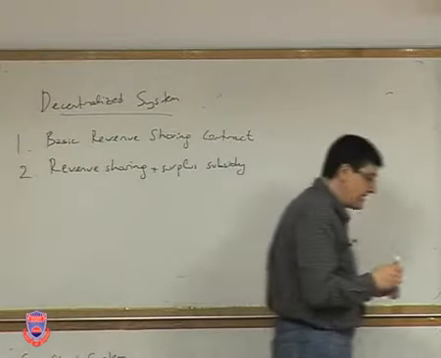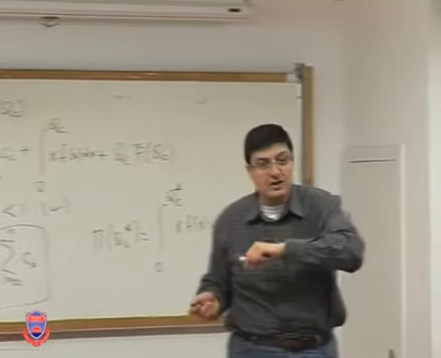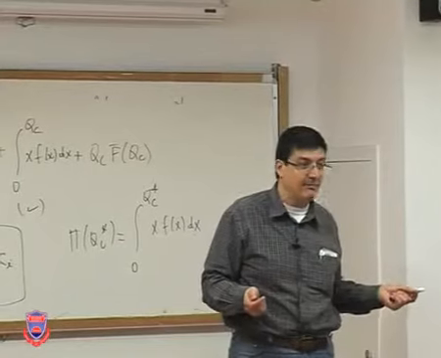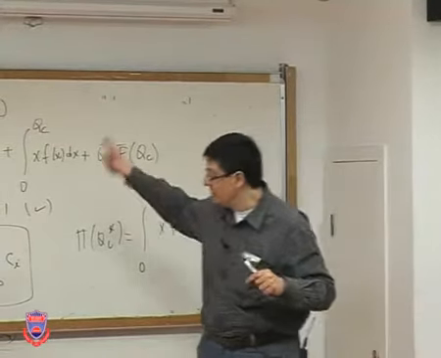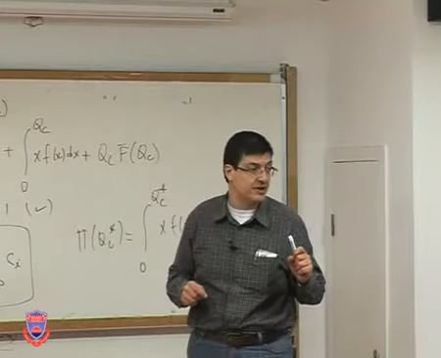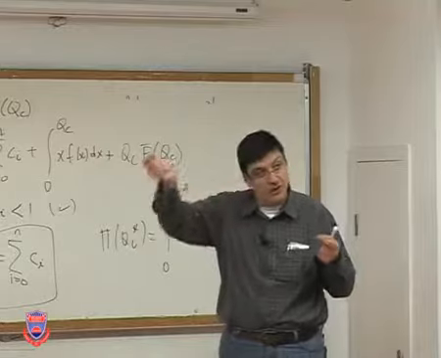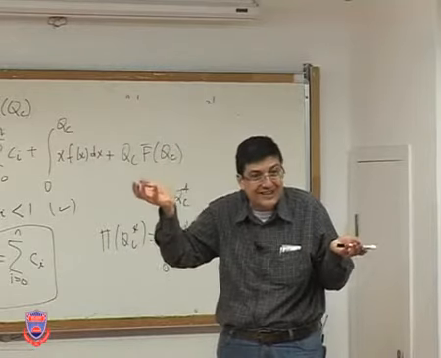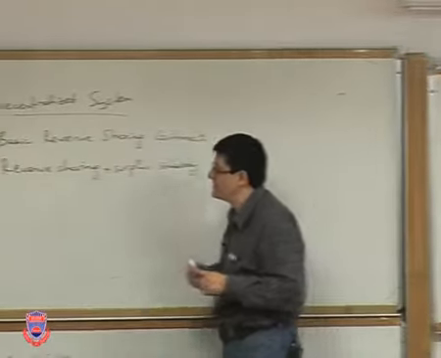What do we mean by surplus subsidy? For the items which are not sold, the assembler is going to pay some money back to the component manufacturers, because they are only getting a share if the item is sold. If the item is not sold, they are not getting anything. So they are going to be subsidized, and this is called surplus subsidy.